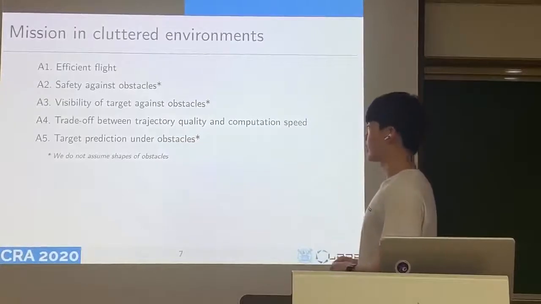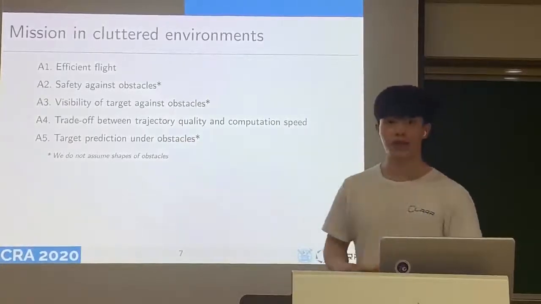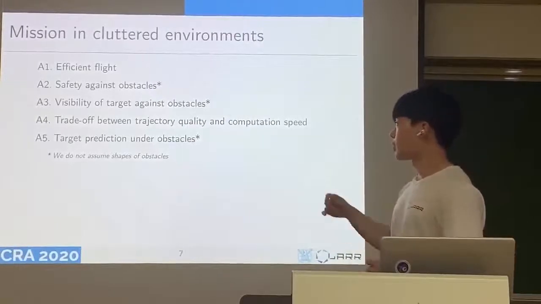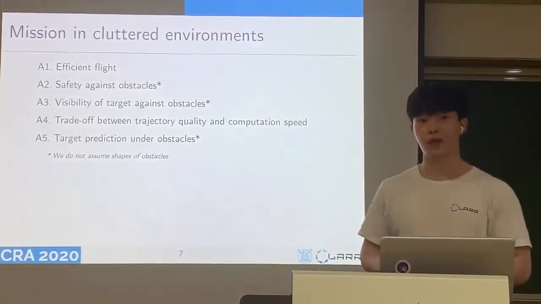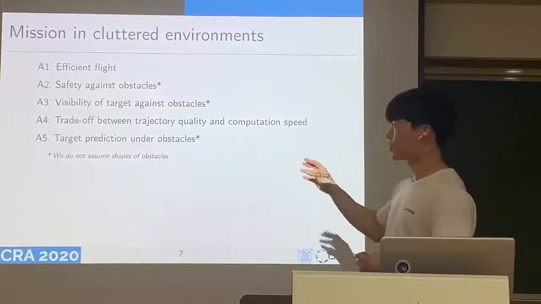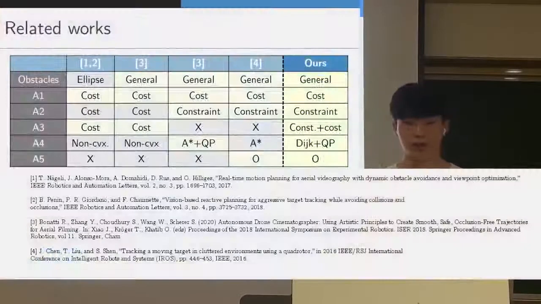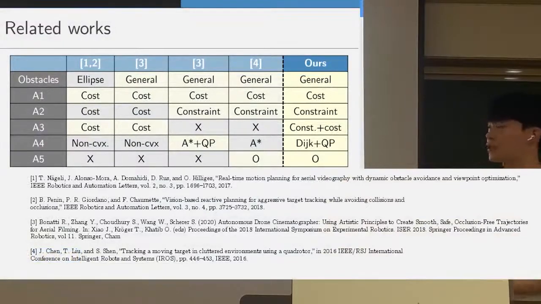And last but not least, we should ensure our prediction is reliable under the presence of obstacles. As a side note, we do not assume the shape of obstacles. Then, let us look briefly at several related works to resolve those issues.